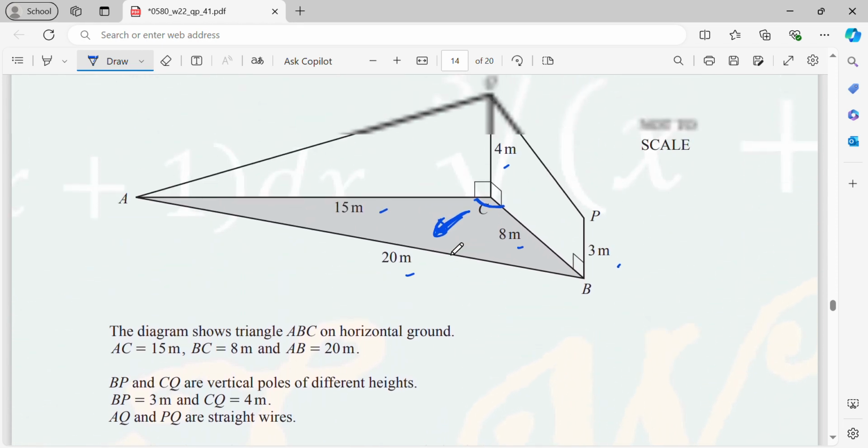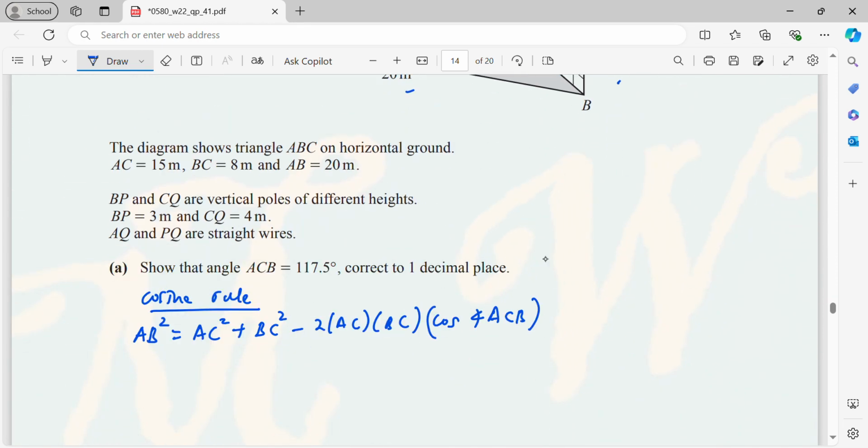So now my AB squared, AB is 20, so 20 squared. My AC is 15, BC is given, which is 8. So just replace all the values.